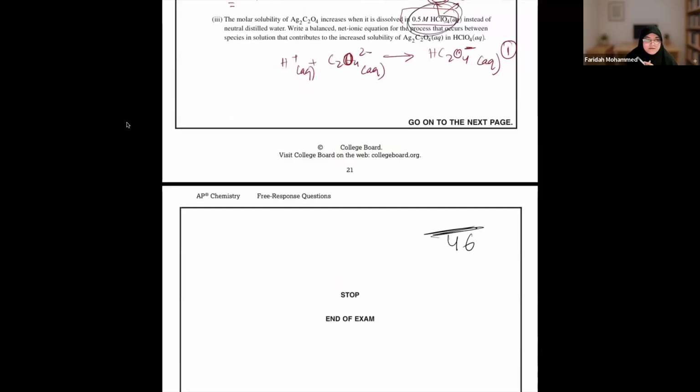Count your points and text me, and let me know if anyone got above 36 points. Araf counted above 36.